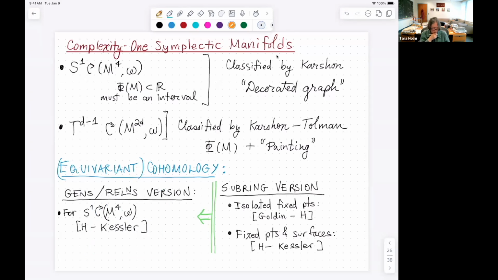And Liat and I used this to provide a generators and relations description in the case of complexity 1 actions on 4 manifolds. What I should note here is that the earlier work is in all dimensions, but this is specifically for the 4 manifolds.